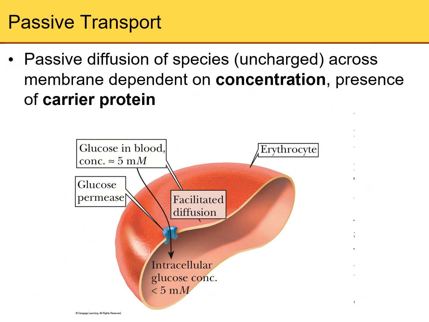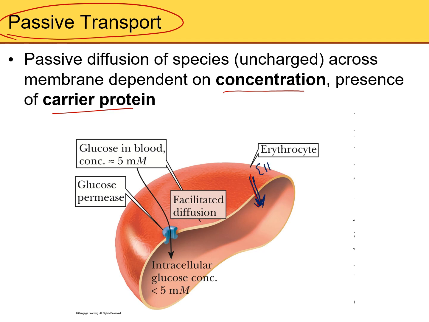Again, passive transport depends on the concentration or a carrier protein. If you have something just going down the gradient from high to low, so it is high outside and low inside, this would be an example of simple diffusion.